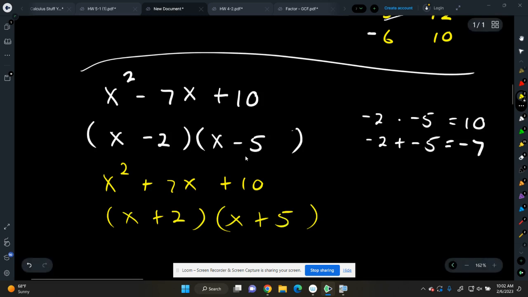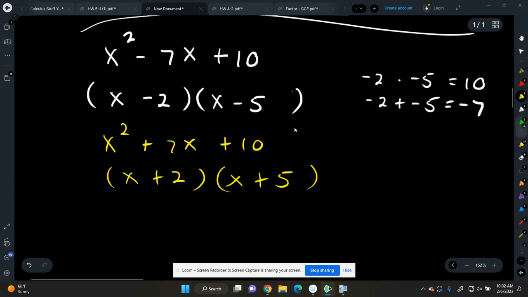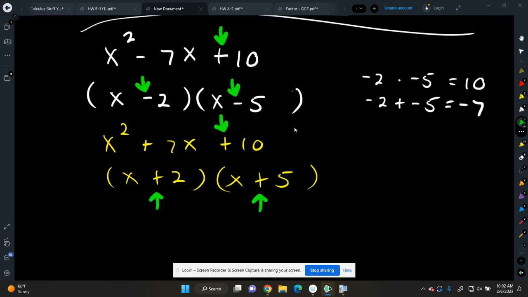Notice, this is important. Everybody pay attention now, because you're getting a little bored. If this last number is positive, then the signs have to be the same. If that last number is positive, the signs are the same.